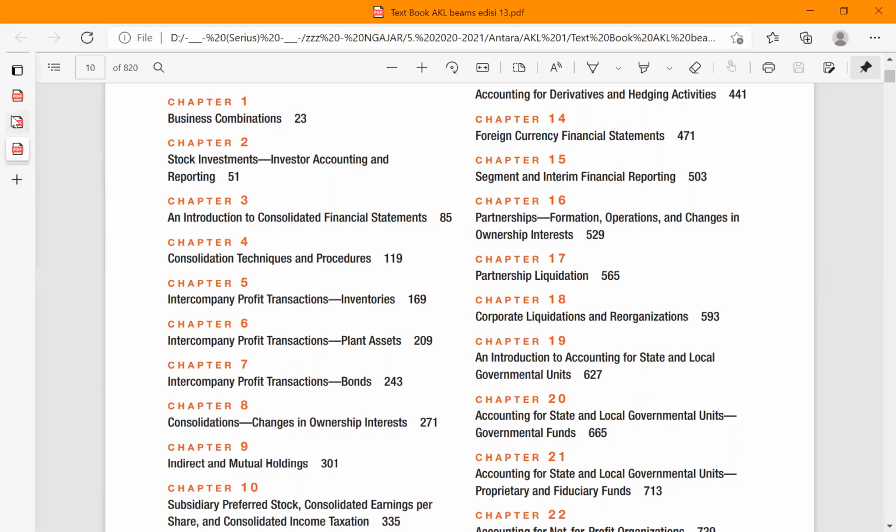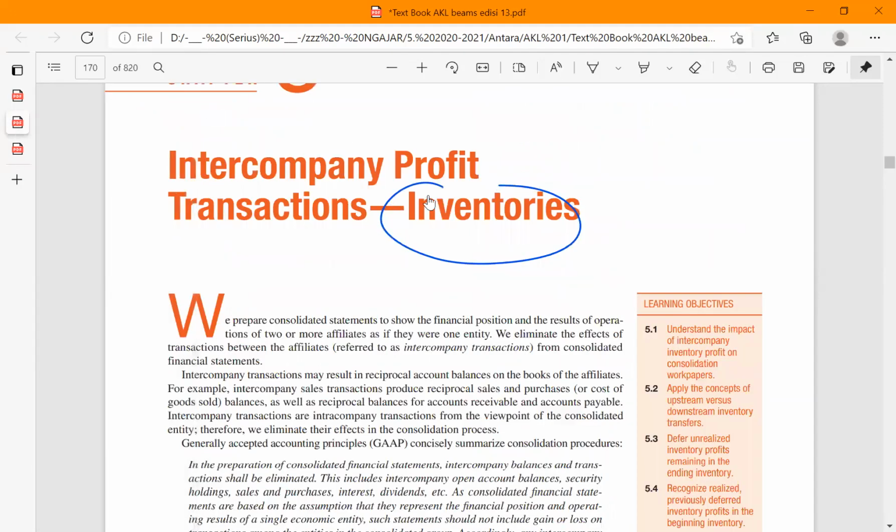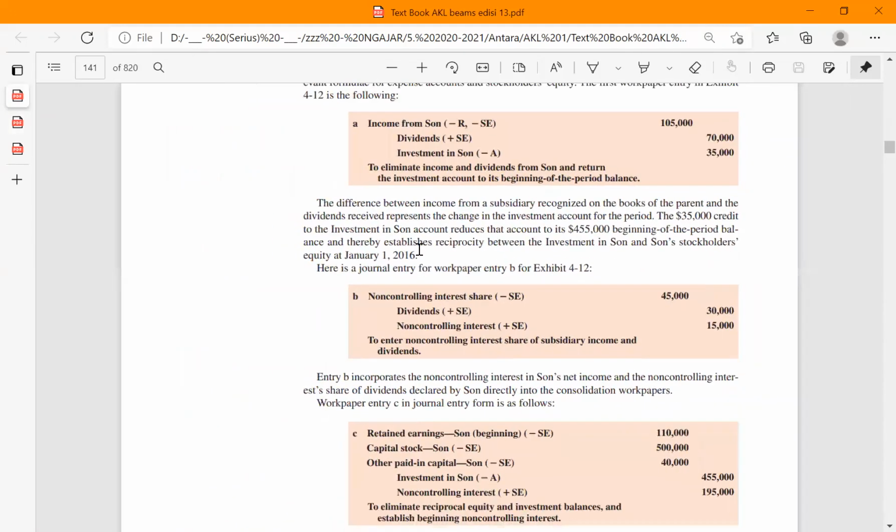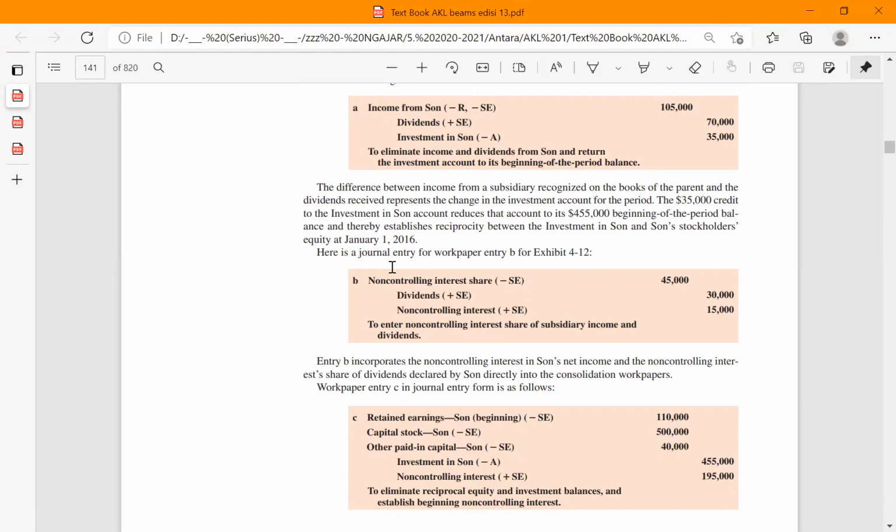Actually in Chapter 5, we will again meet all of the journal entries that you've already learned in Chapter 4. Let me show you as a kind of reminder. These are the consolidation or elimination journal entries that you learned in Chapter 4. This is the first journal entry, this is the second, and this is the third.